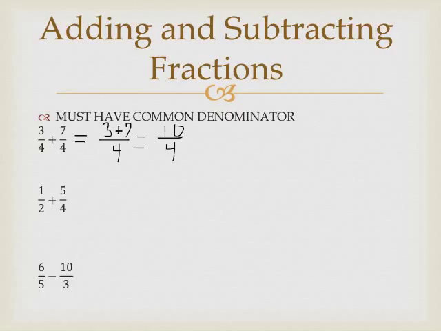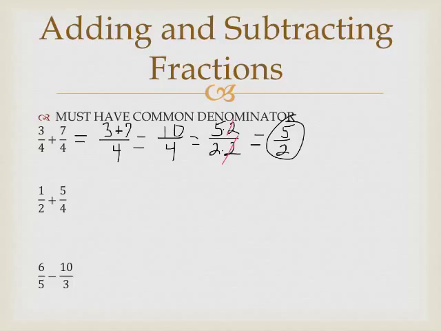And you will probably not see that answer in your multiple choice answers on the Accuplacer because it is not simplified. 10 is really 5 times 2, and 4 is really 2 times 2. So this does reduce. You don't need to do this step, but it's nice to see it. And it all reduces to 5/2.